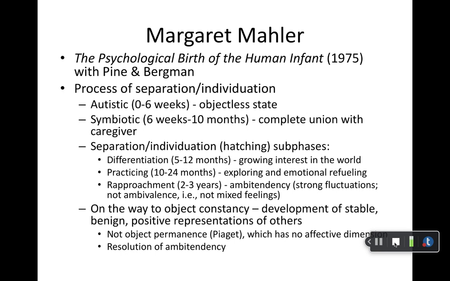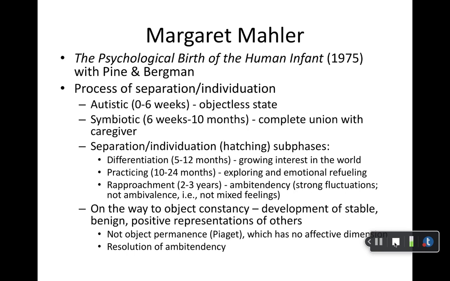Once rapprochement is resolved, Mahler said we are on the way to object constancy, which is the development of stable, benign, largely positive representations of others. So we now have a sense of ourself and others, and we're on the way.